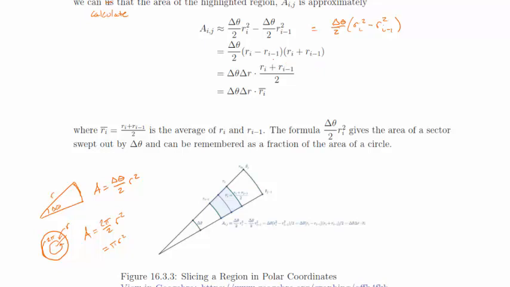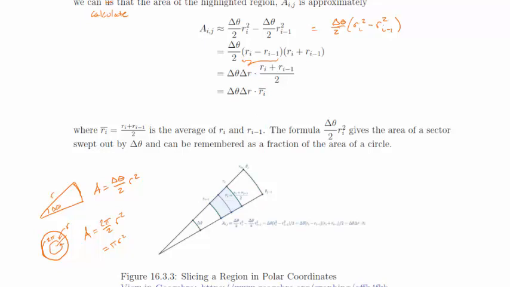Then the r sub I minus r sub I minus 1, this is delta r. Then I'm moving the 2 underneath the r sub I plus r sub I minus 1, so that this all equals delta theta delta r times r sub I plus r sub I minus 1 over 2. But r sub I plus r sub I minus 1 over 2 is the average between r sub I and r sub I minus 1. So this is my r sub I bar by definition, as we saw in the graphic earlier.